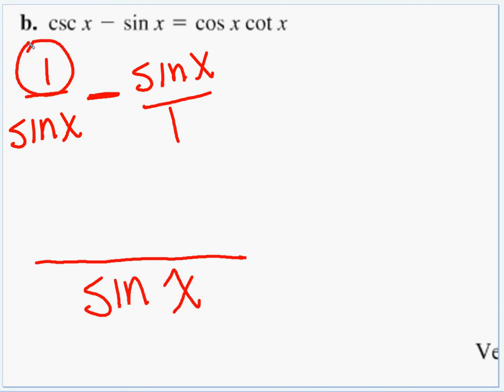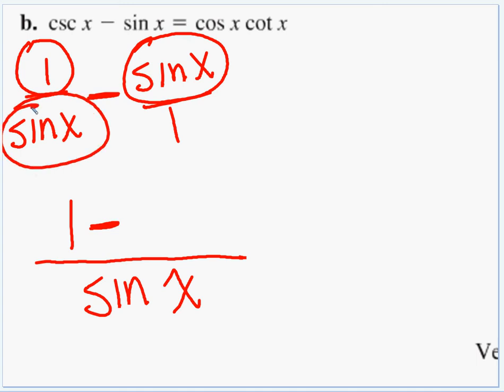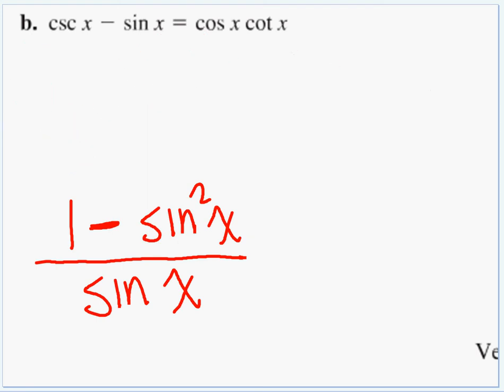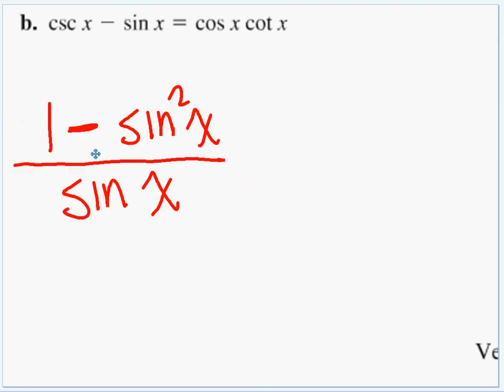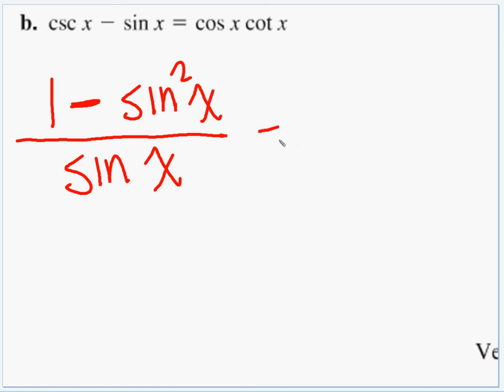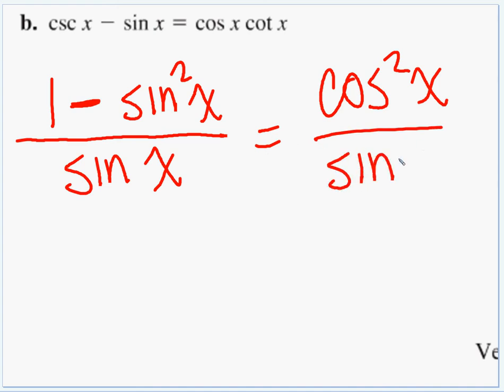This numerator 1 gets multiplied by what's missing under it. That'll be this one, so 1, minus this sine x gets multiplied by what it's missing, so that's going to be a sine squared. Sine squared x. Ooh, 1 minus sine squared. We've seen that a bunch of times. 1 minus sine squared is cos squared over sine.